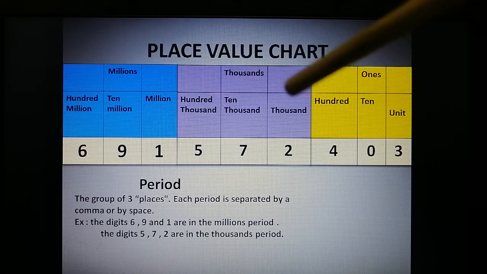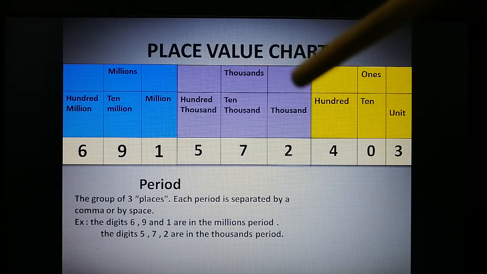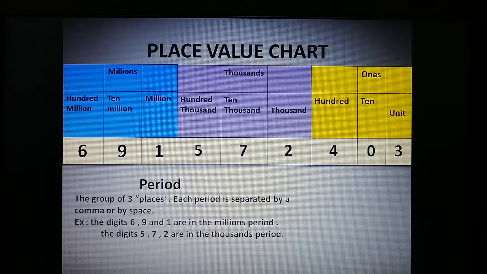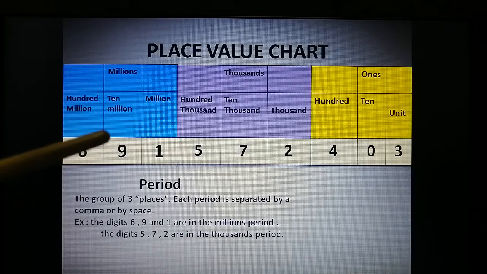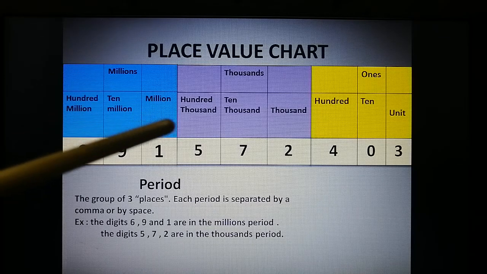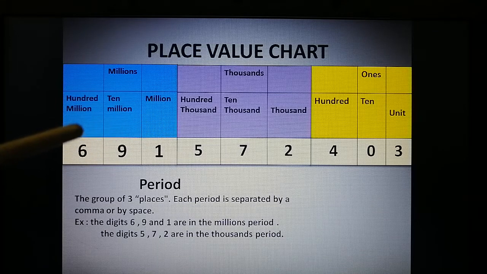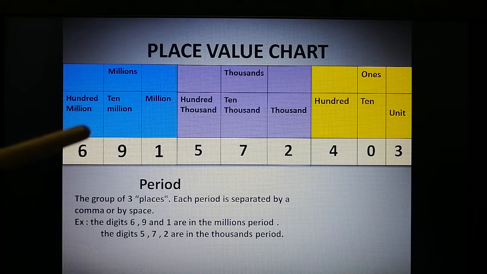And last, the million group also has 3 places: million, 10 million, 100 million.